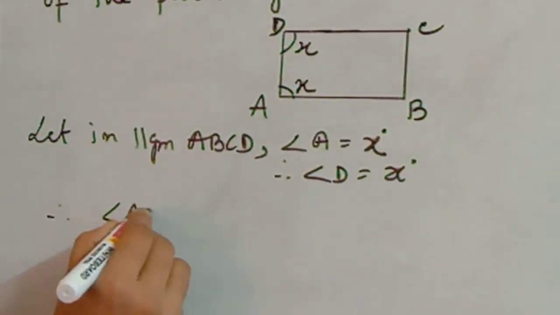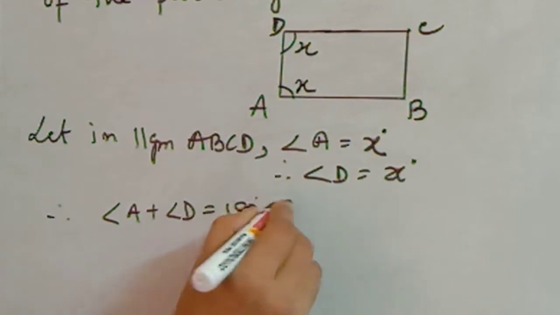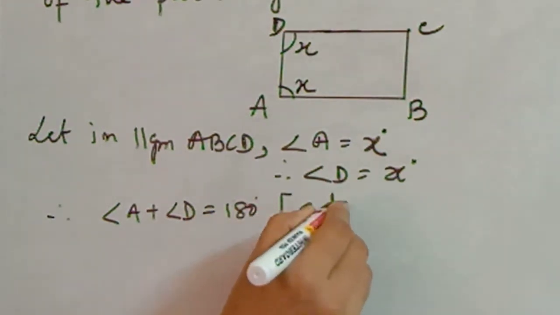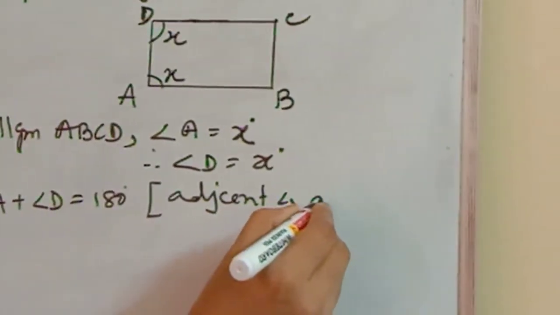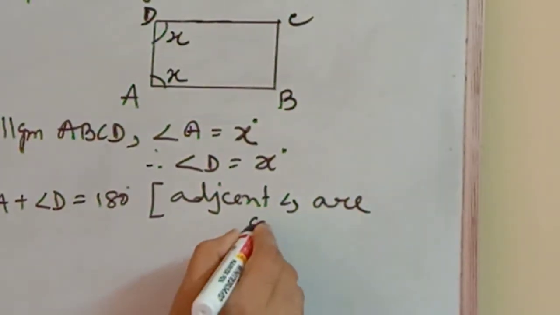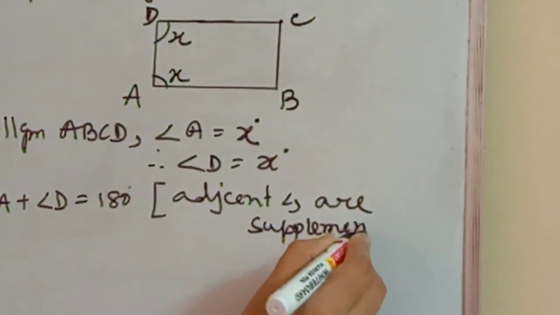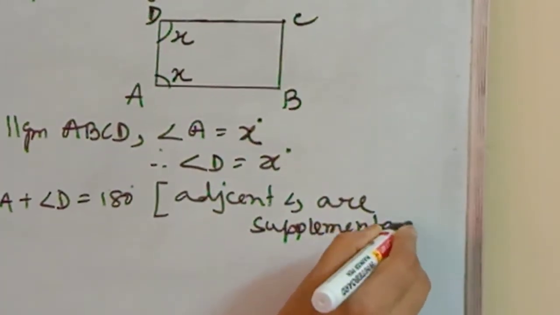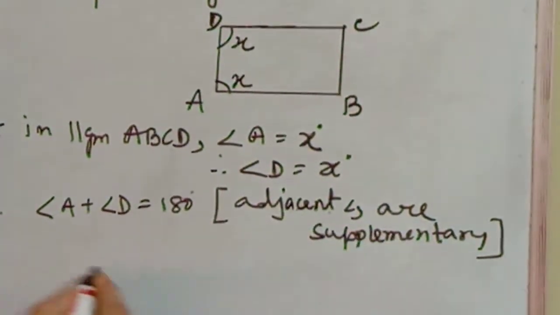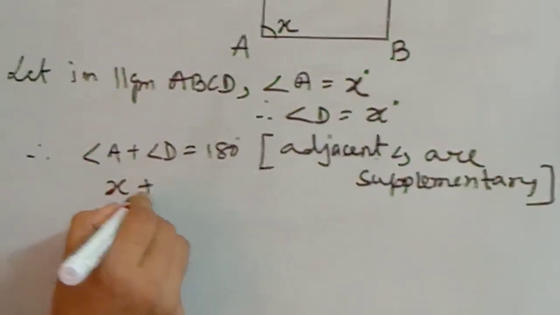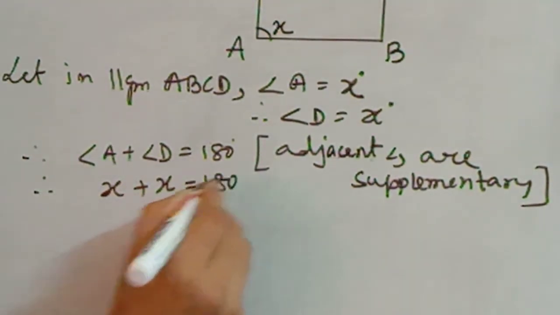Therefore, angle A plus angle D is equal to 180 degrees. Therefore, x plus x is equal to 180 degrees.